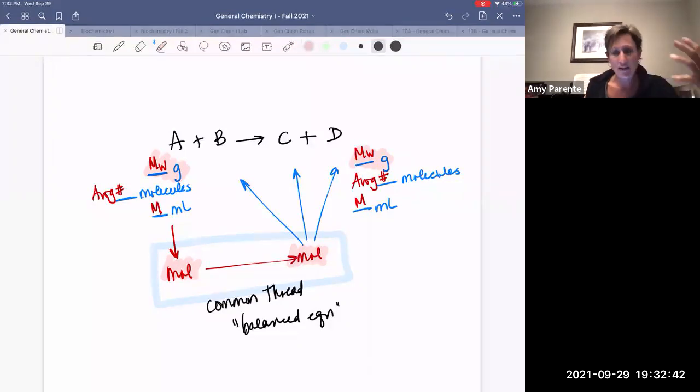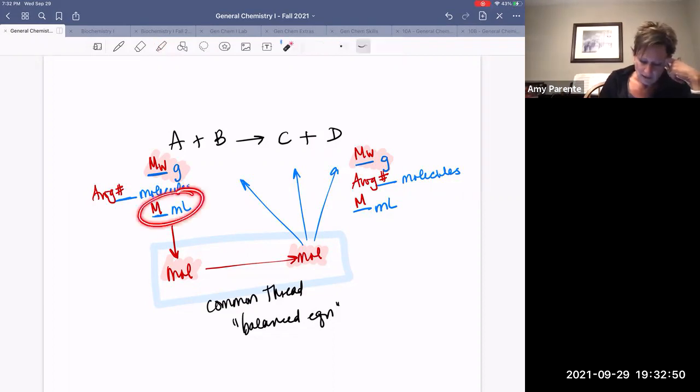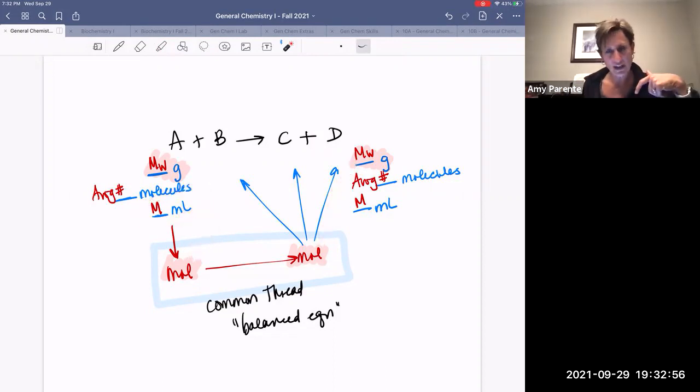Now, how this becomes kind of leveled up, if you will, is maybe I start with a volume of something and you use molarity to get here. But at the end of the day, I might want to know the mass of a product that you get. So we can interconvert these. And not for Friday's quiz, but fair game for something that you might see on an exam.